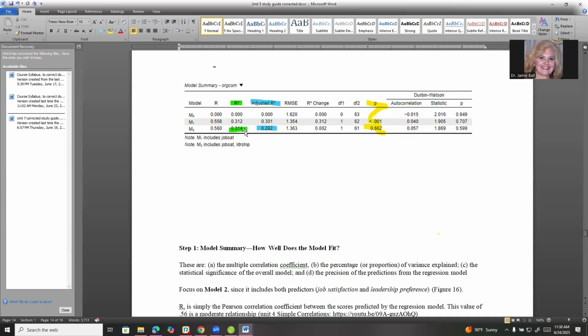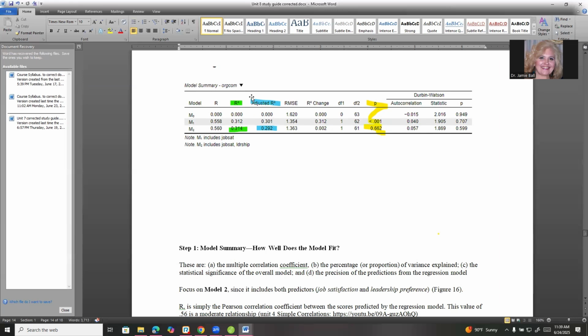If I turn that into a percentage, this means that job satisfaction and leadership explain 31.4% of organizational commitment. But look at this: job satisfaction all by itself explained 31.2%. So it looks to me like most of what explains organizational commitment in my case is job satisfaction.